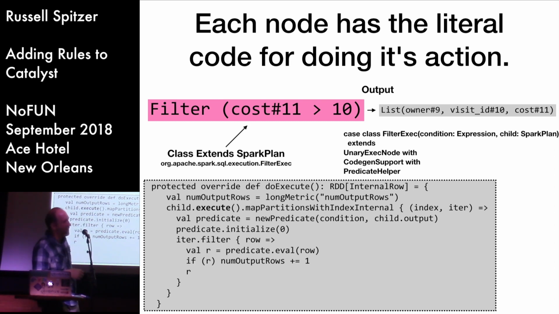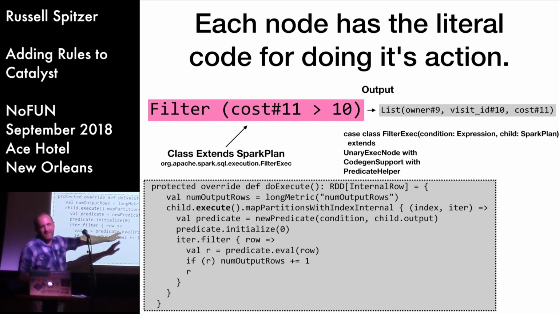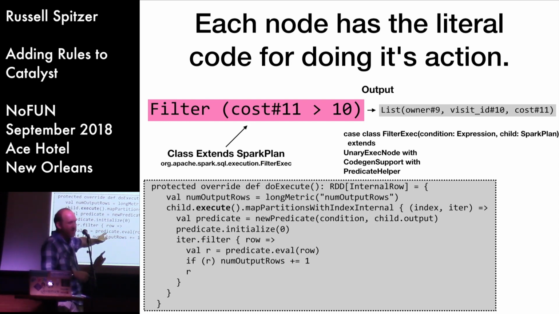There's a lot of code up here, but I want to draw your attention to this line right here, which is where we're filtering: if we evaluate our predicate on this row and it's true, then we pass that row. If it's not, we don't. So basically there's literally code inside, which is a for loop going over an if statement.